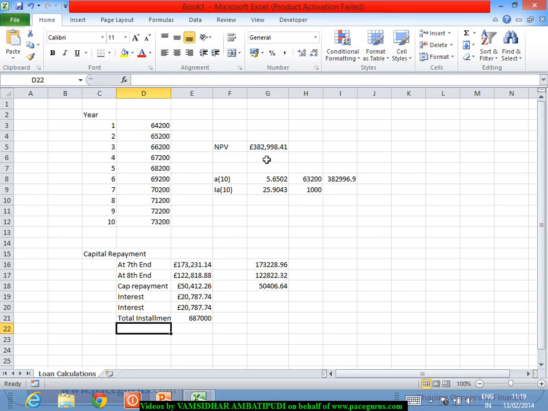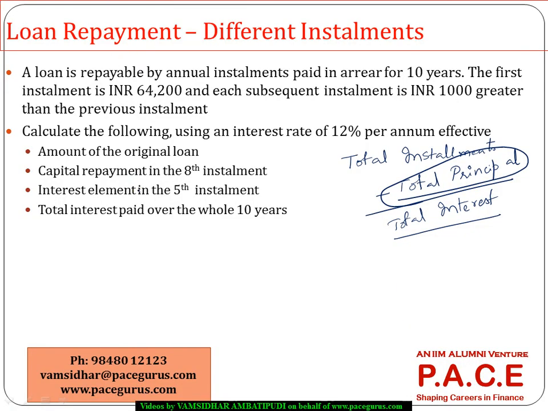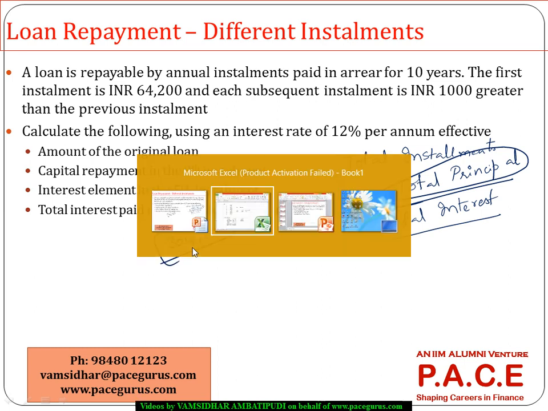The total principal amount is this. So from here I can find the total interest paid, which is the total installment minus the total principal amount, working out to 304,000. 304,000 is the total interest paid during the entire 10-year period.